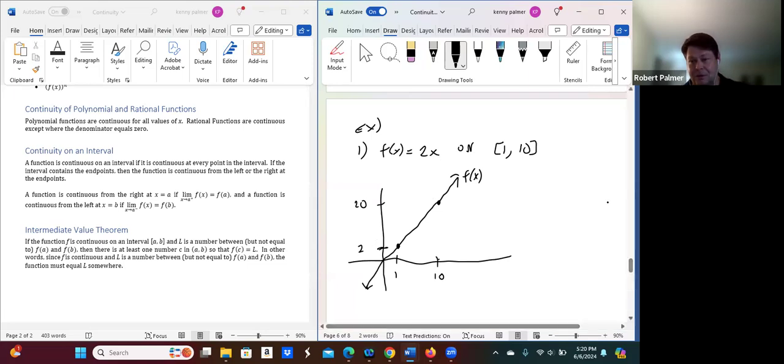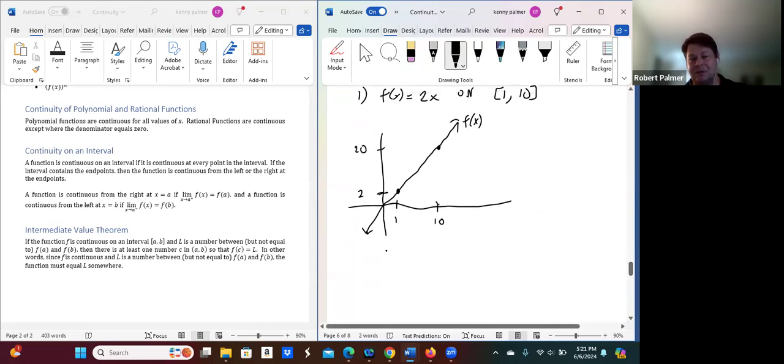So I can ask the question, let's say y equals 14, an output of f of x.